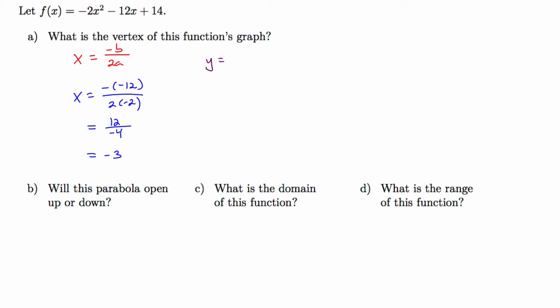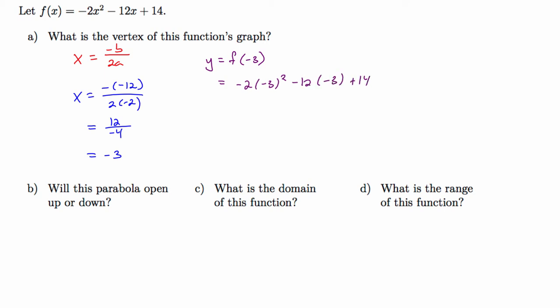So the y-coordinate will equal f of negative 3. To evaluate f of negative 3, I will substitute negative 3 in for every x, making sure I put it in parentheses. So f of negative 3 will be negative 2 times the quantity negative 3 squared minus 12 times negative 3 plus 14.